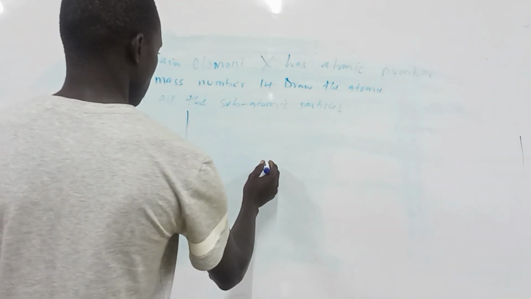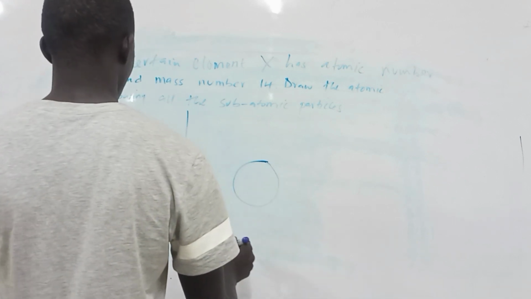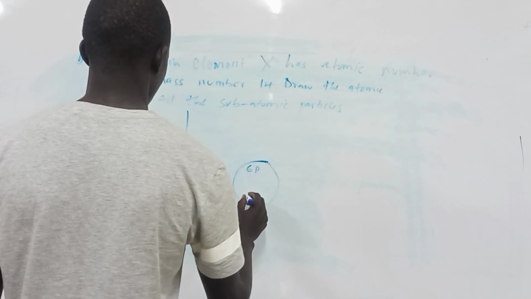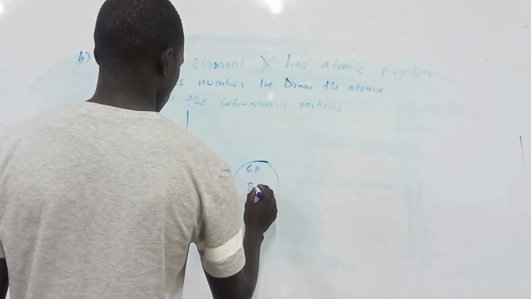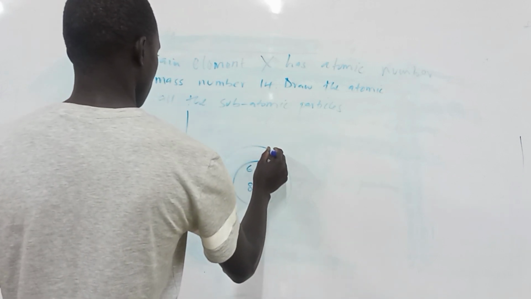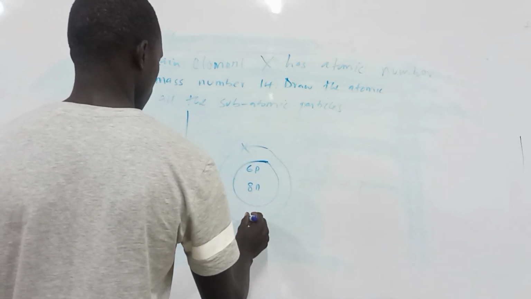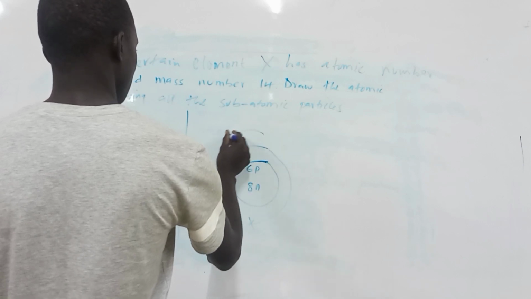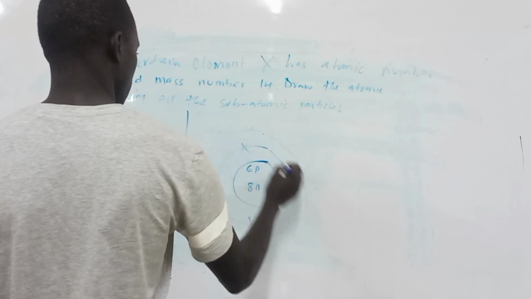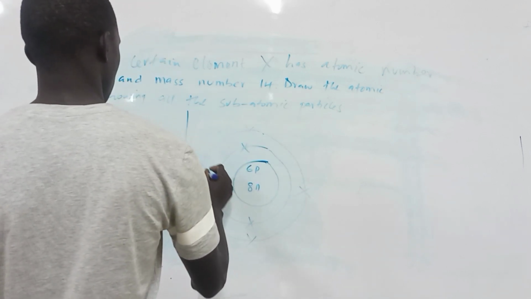We start with the center, having 6 protons and 8 neutrons, and then the first energy level. We indicate the number of electrons, 1, 2. In the second energy level, we have the remaining 1, 2, 3, and then 4.